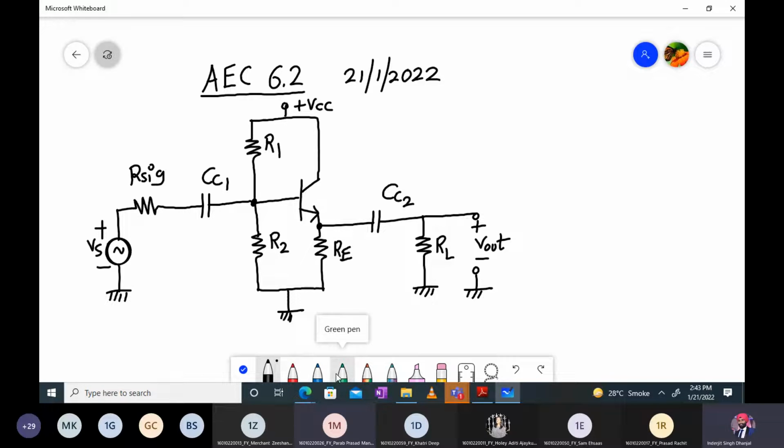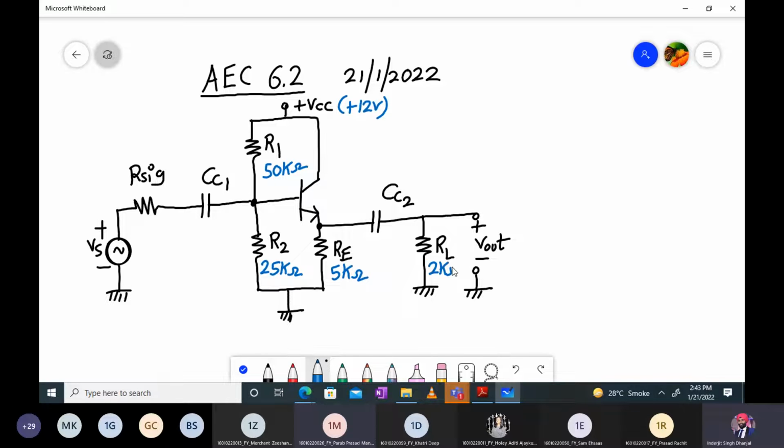So write down the values of R1 and R2. First of all, VCC value is plus 12. Okay. R1 value is 50K. R2 value is 25K. RE value is 5 kilo ohms.